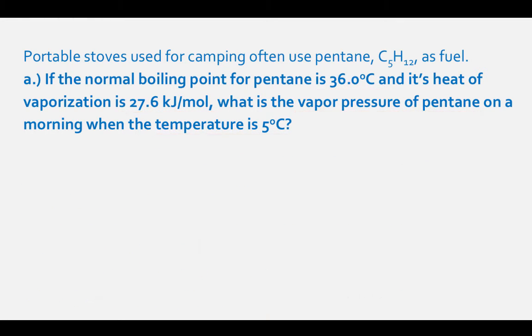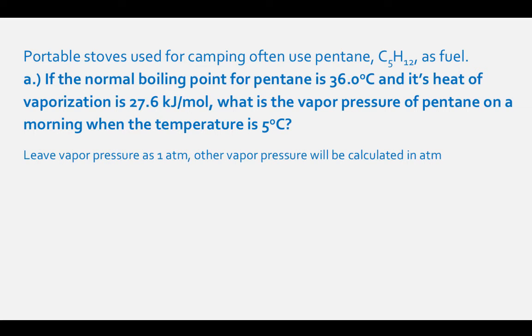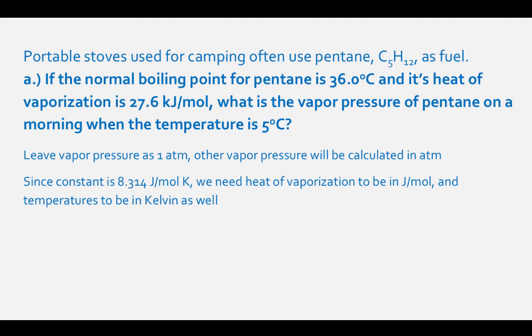Now, how do we find out what we need to know? Do we need to convert any of the units? We can just leave the one vapor pressure in atmospheres and know that we will be calculating the other vapor pressure in atmospheres as well. The heat of vaporization should be in joules per mole, so the gas constant units of joules per mole times Kelvin will cancel out.